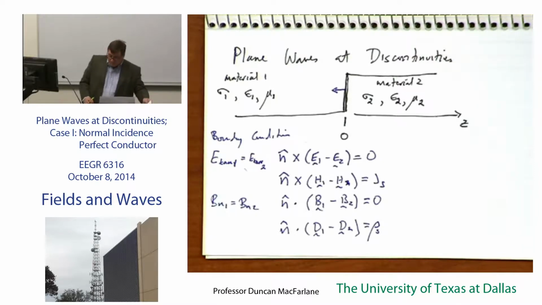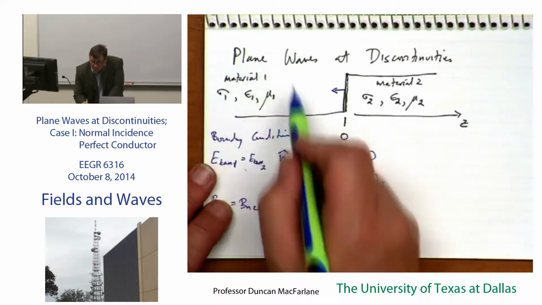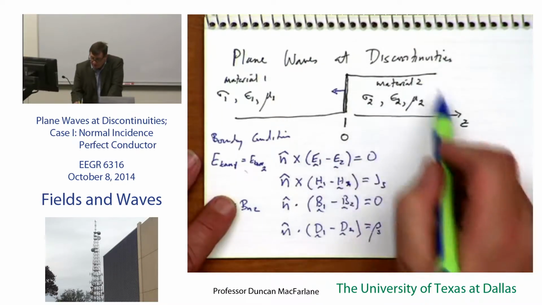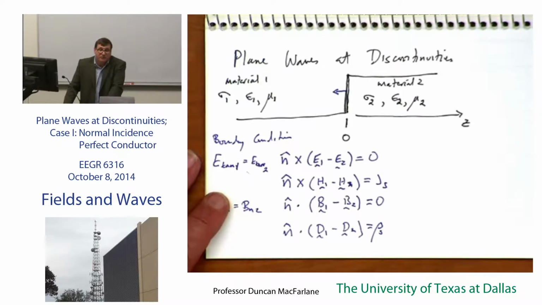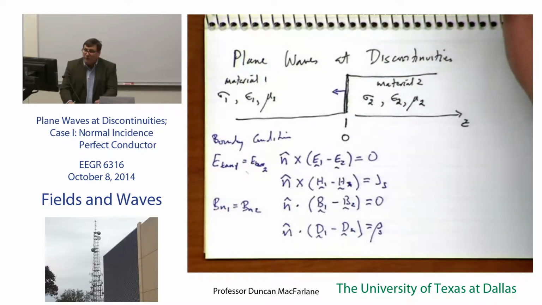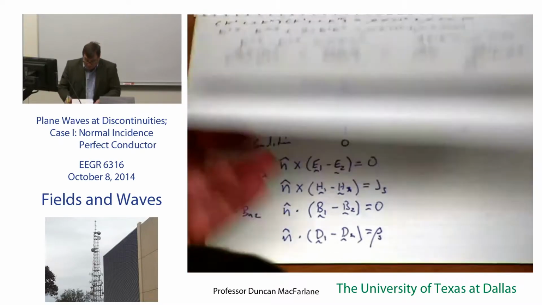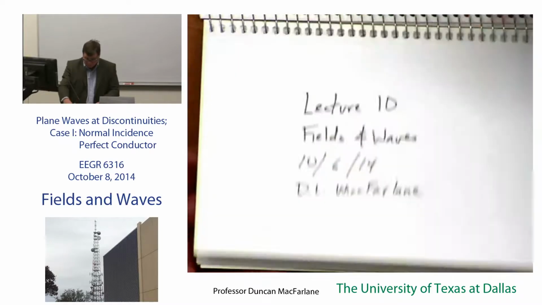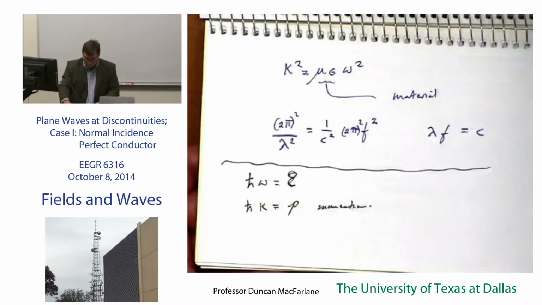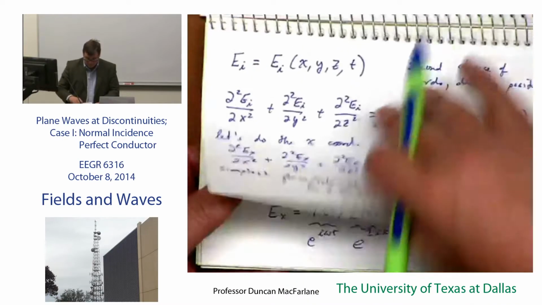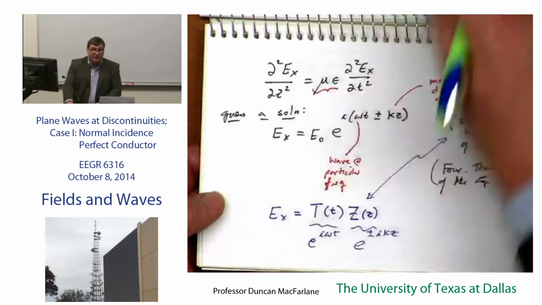Now, out here we have the wave equation in material 1, and in here we have the wave equation in material 2. So the way we're going to approach the problem is we're going to solve the wave equation in material 1.